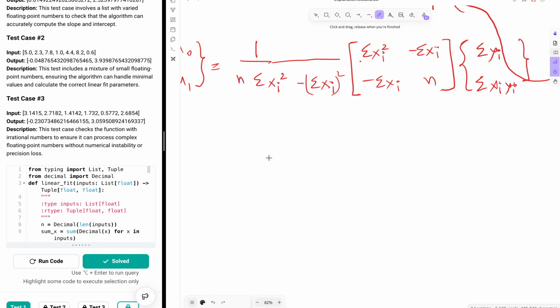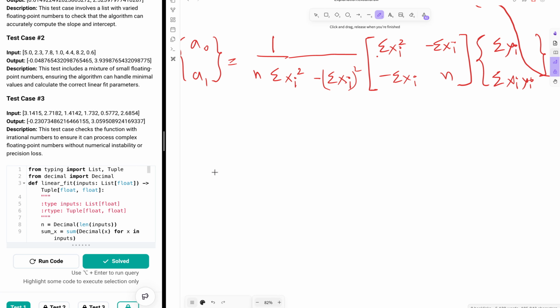Now we can clearly see how our a1 looks. If I find a1, then for a1 we will be using the last row.